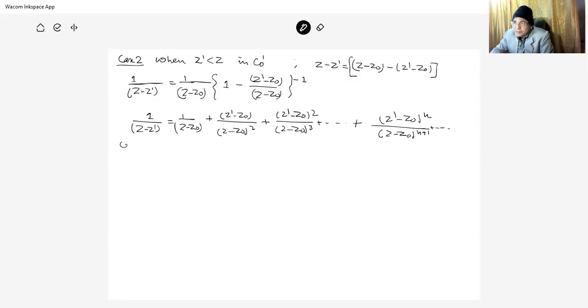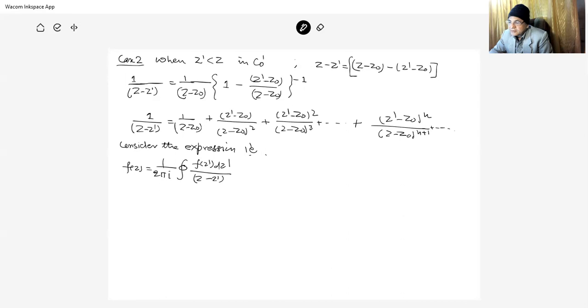Consider the expression f of z is 1 upon 2 pi i integral f of z dash dz dash upon z minus z dash.